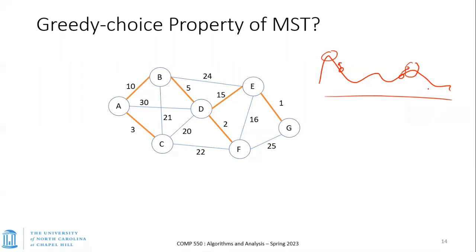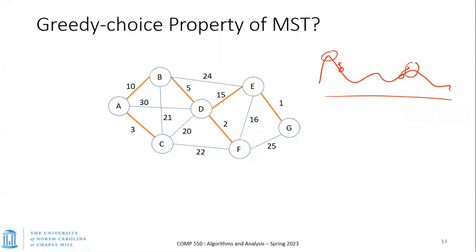But if you do have an algorithm or a category of problem which does have the greedy choice property, then basically it says that if you use a locally optimal solution, then in fact it will also be globally optimal. So what could be the greedy choice property for the MST?